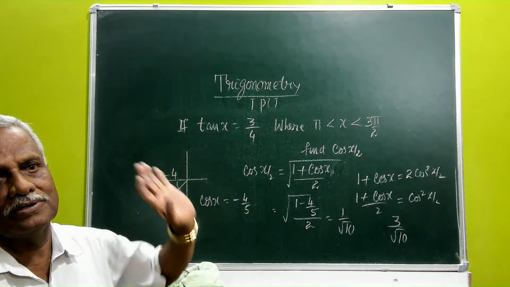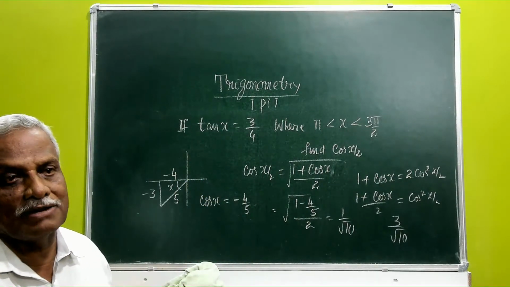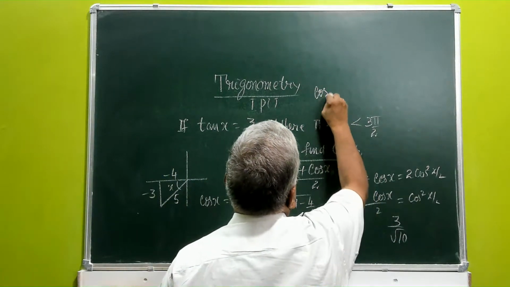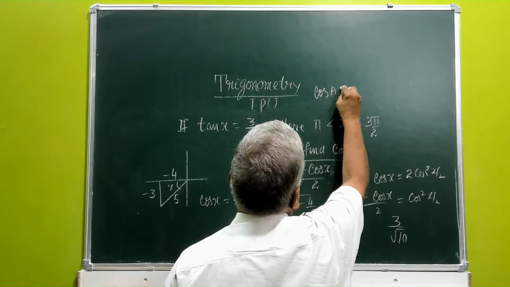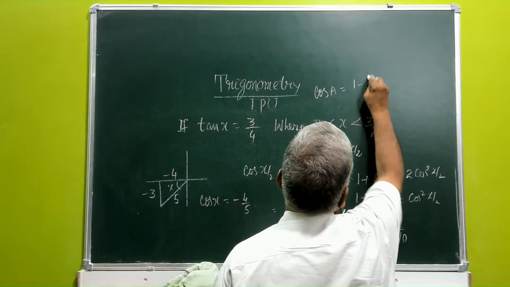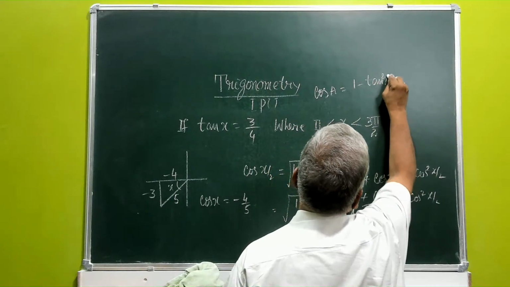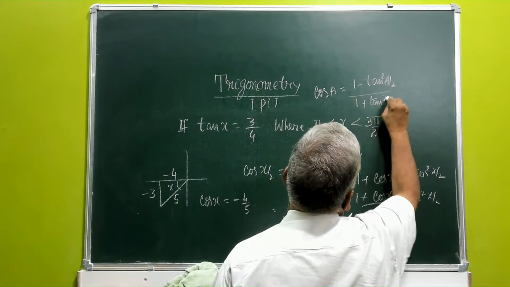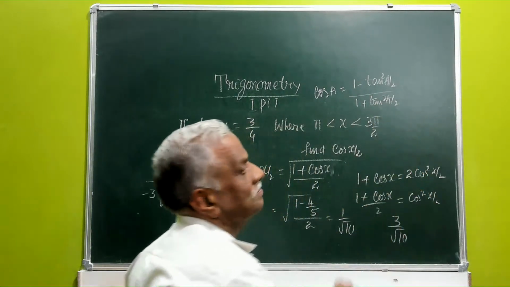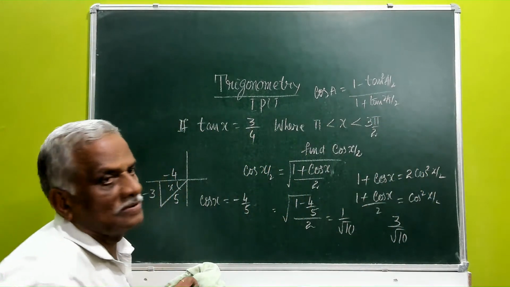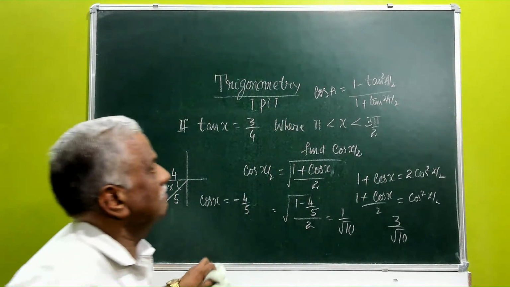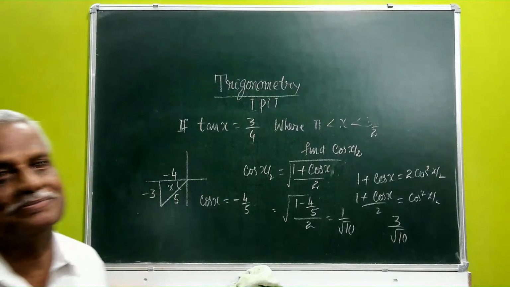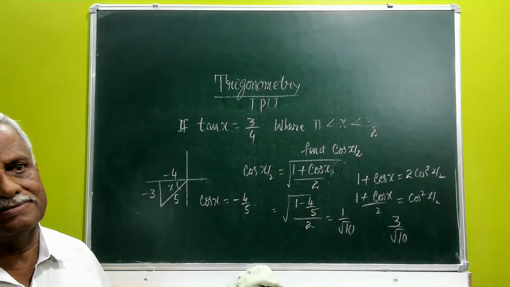Therefore, you have got to... Or there is one more formula. What is that formula? Cos A is equal to 1 minus tan square A by 2 divided by 1 plus tan square A by 2. But that will be a little more difficult because you have got to find tan x by 2, then find the angle.